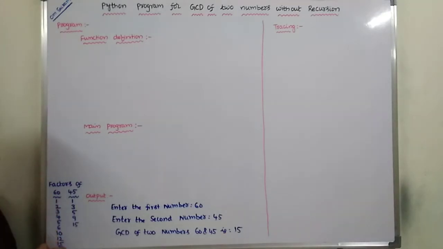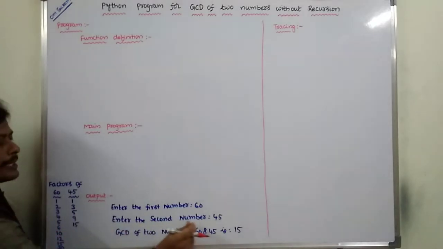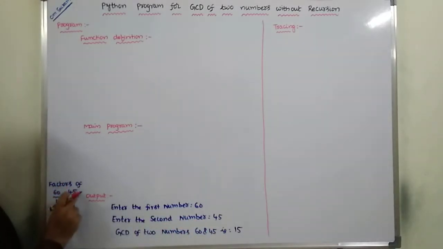So these are the factors of 60. Now the second number, let us find the factors of 45: 1 divides 45, 3 divides 45, 5 divides 45, 9 divides 45, 15 divides 45, 45 divides 45.